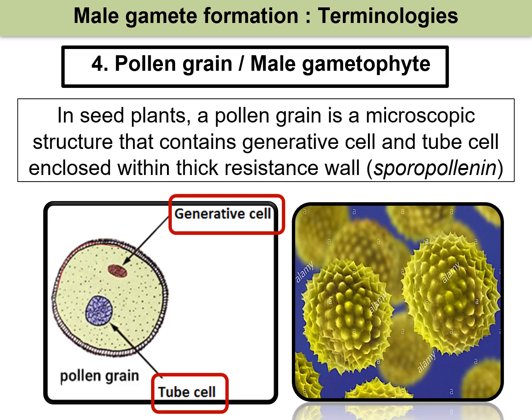So the wall must be able to withstand any pressure for the time being, because they need to be transferred to pollinate other flowers. They need to be light enough but able to protect the cells in the pollen grain.